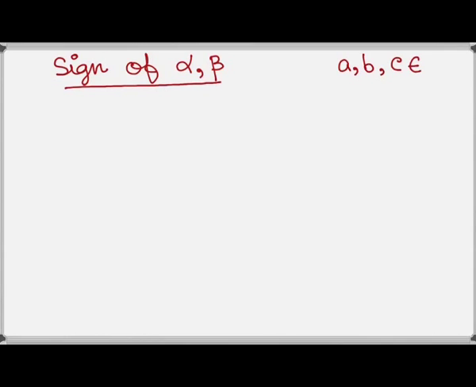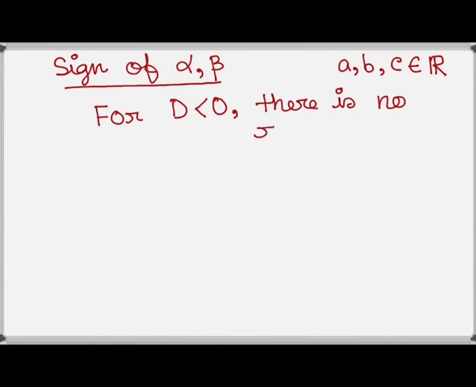One also studies the sign of the solutions alpha and beta when a, b and c all of them are real numbers. Recall that for D strictly less than 0, we have already seen there is no real solution.